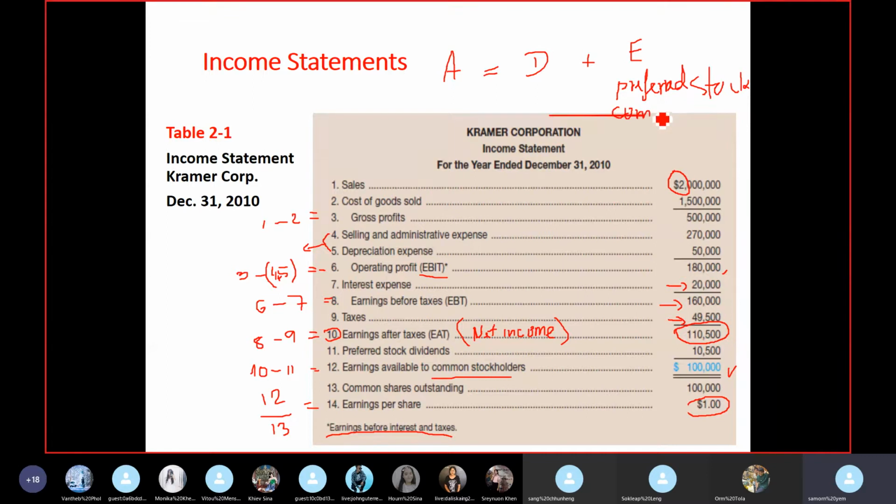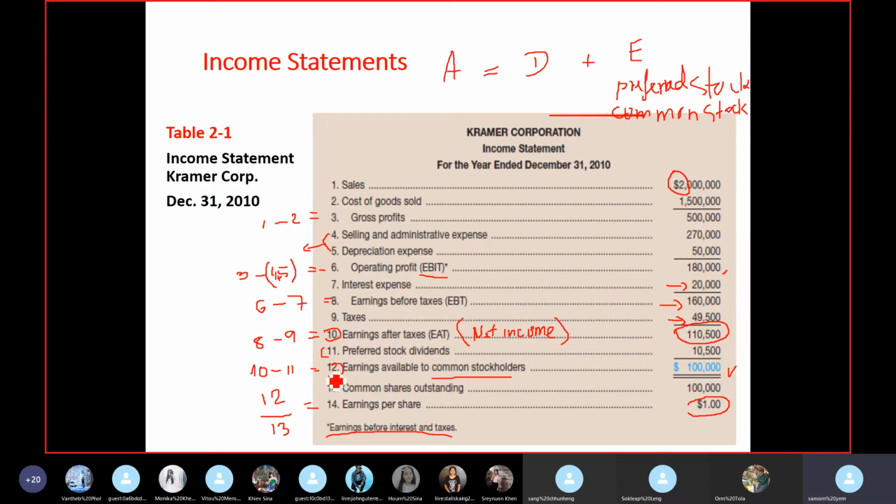You can say common stock, meaning the common stockholder. The people who hold each share have a right to get a dividend, a dividend for preferred stockholders and a dividend for common stockholders, as in our income statement, number 11 and number 12.